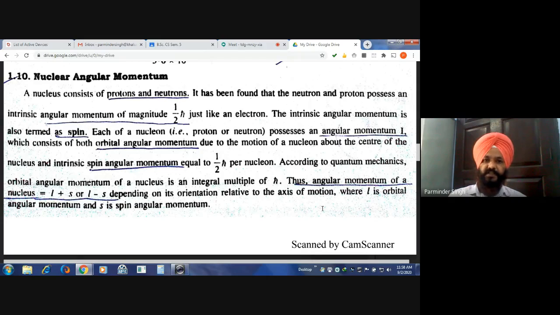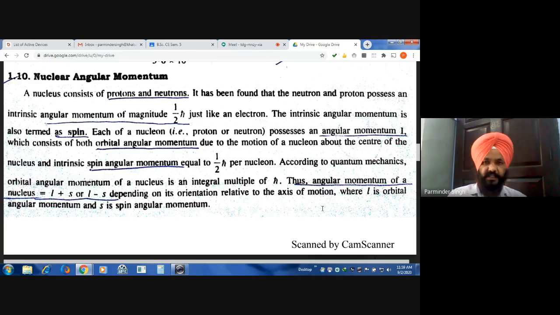So each nucleon, like proton and neutron, possesses an angular momentum, capital I. Capital I is the sum of the orbital angular momentum, which is due to the motion of the nucleon about the center of the nucleus, and the second thing, the intrinsic spin angular momentum due to spin of the proton and neutron.